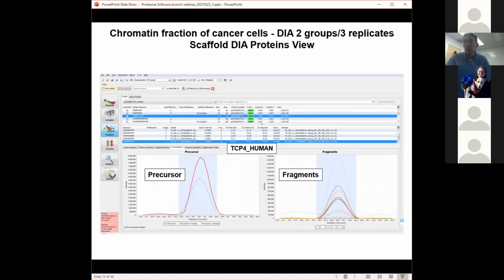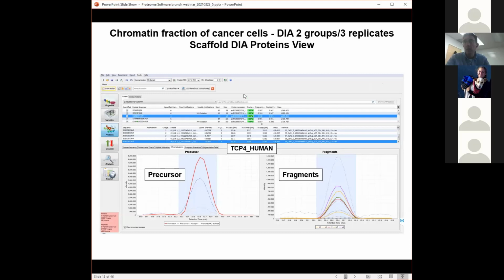Now, also something that I love, it's been an important feature of all of the Scaffold products, is I like to look at data, and I'm not happy just getting a report of an Excel spreadsheet where I can't examine what's happening in the spectra.